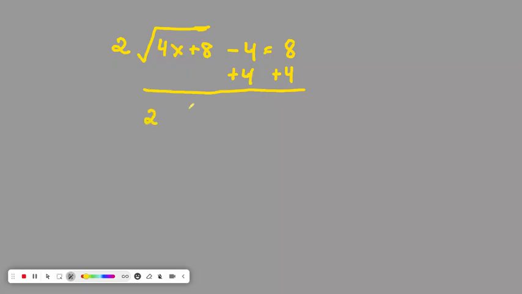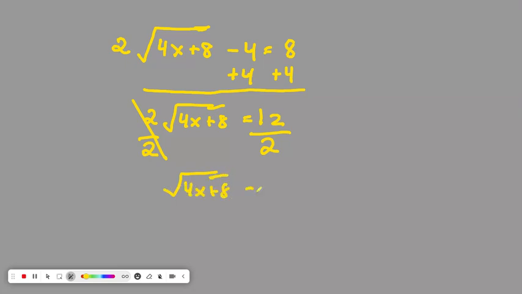And we're going to have 2 times the square root of 4x plus 8 equals 12, just like we did before. Now what should we do? Exactly, get rid of that 2. Divide it out. Whatever you do to one side, do to the other. Big thing in algebra. And then we have the square root of 4x plus 8 equals 6.